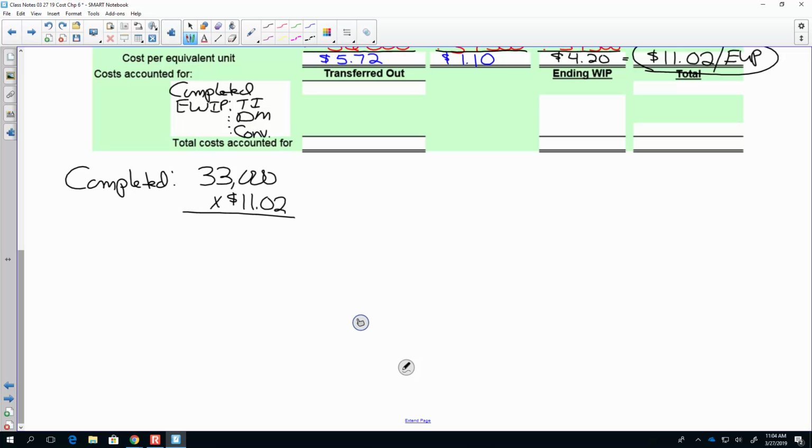Remember, those units have made it, have all the material in it, have all the transferred in cost in it, have all the conversion cost in it. So we're going to multiply by 11.02. $363,660.